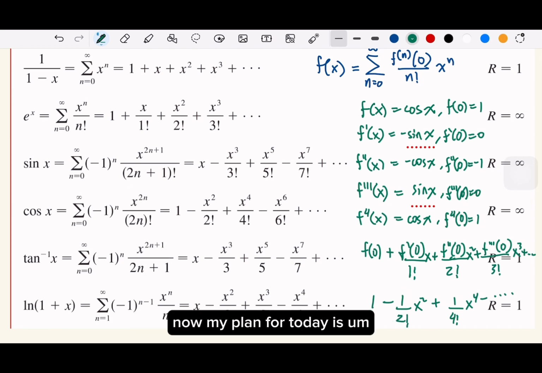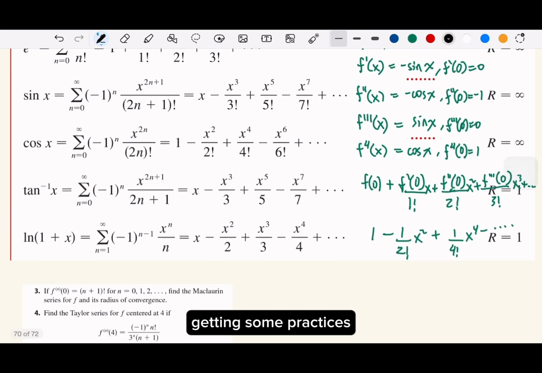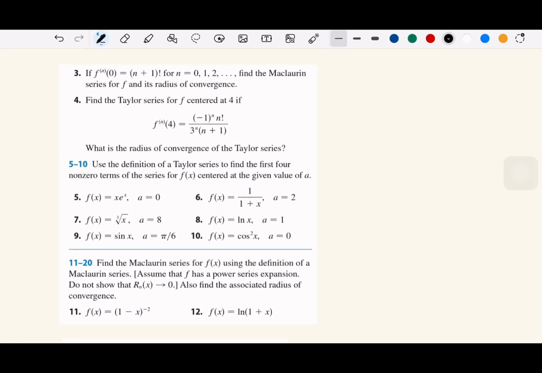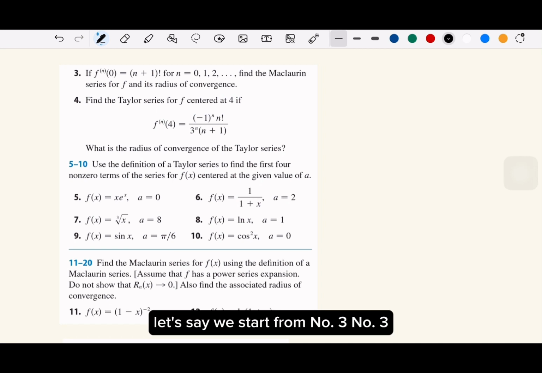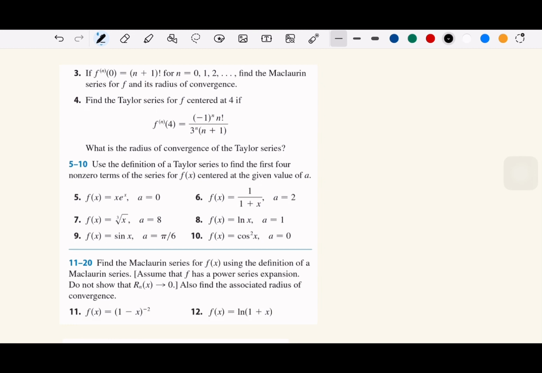Okay, now my plan for today is getting some practice. Let's start from number 3, maybe not all numbers, but maybe start with number 3.